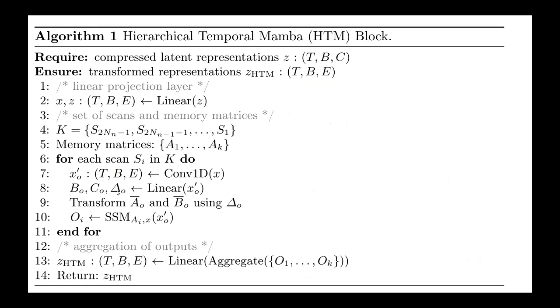Now the delta naught is used for transforming A naught and B naught to A naught bar and B naught bar. Then we will pass this X dash o to the SSM with A naught and it will result in an output y naught. I've explained this SSM, what is done in SSM and basically its architecture, in previous slides.